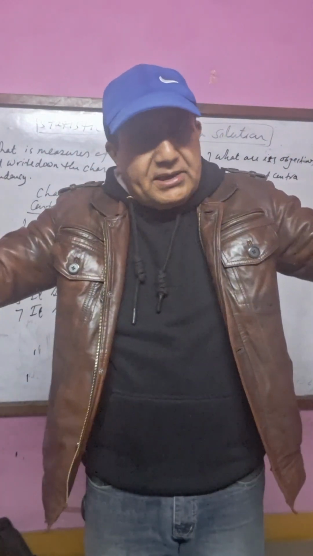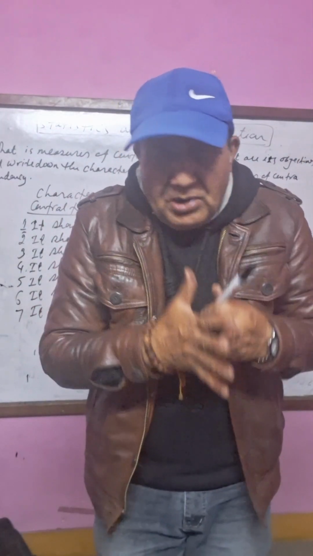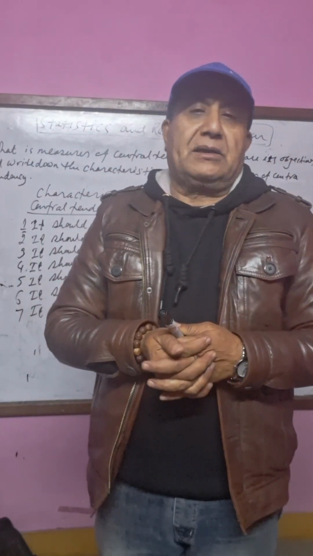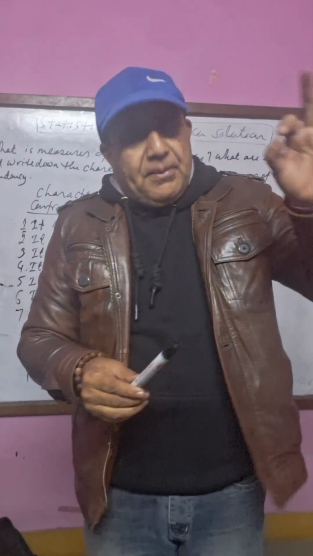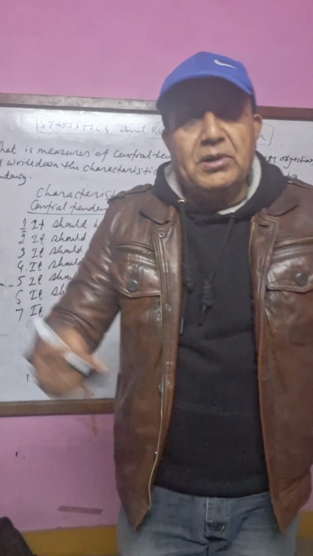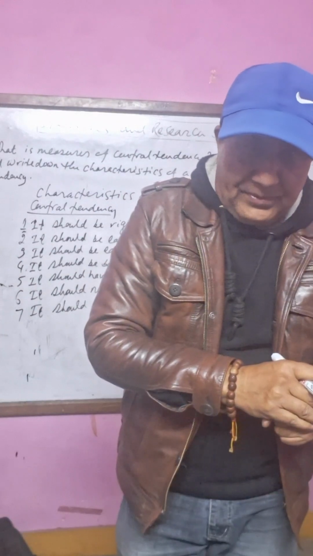Okay? There are 3 samples, and from the 3 samples I collect information. If I calculate the average of that information and the values are different in different samples, it is affected by sampling fluctuation.